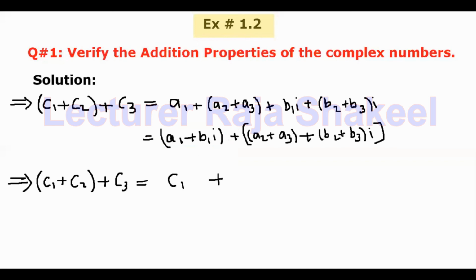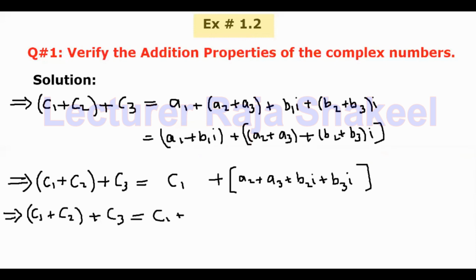Whatever is written inside the main brackets, we'll use the main brackets here. And inside the brackets this is a2 plus a3 plus b2 plus b3 of iota. So the iota brackets have been split now. Now this is c1 plus, and we have changed the arrangements.